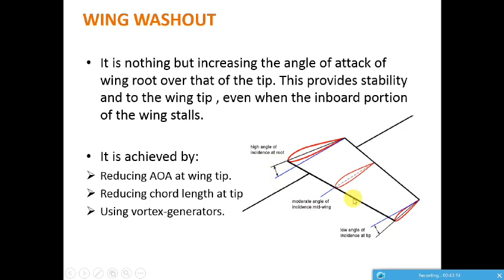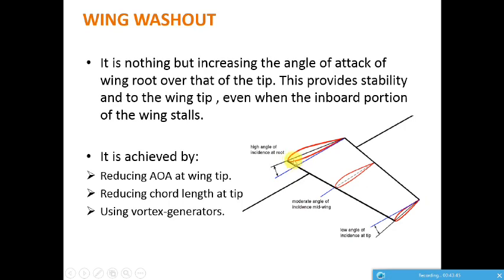Wing washout is usually meant to remove the effect of stalls at very low speed and to have controllability on the control surfaces even during stalls.